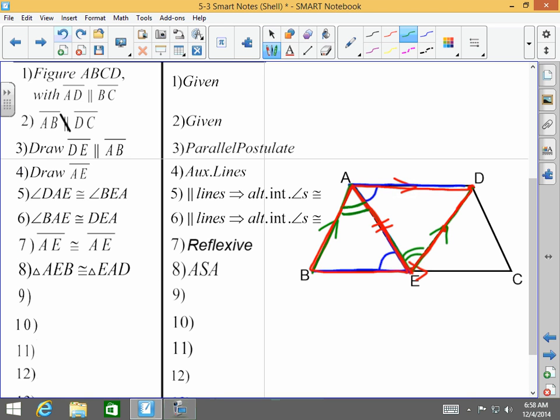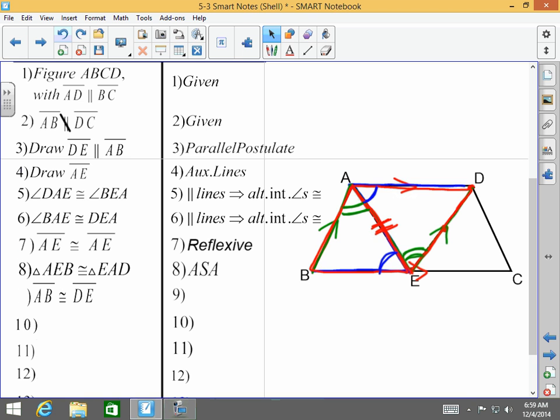We have the angle, we have the side, and we have the angle. Angle, side, angle. Now I can state that AB is congruent to DE because of CPCTC.